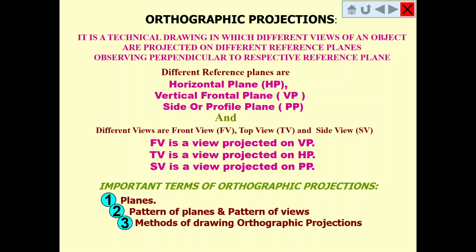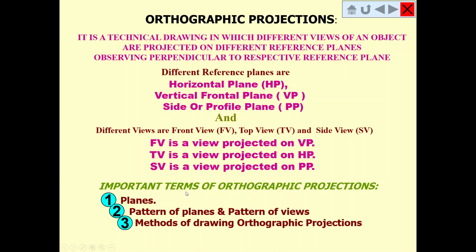All the benches are obviously on the floor, so the floor becomes the horizontal plane, and the side walls become the side profile planes. So in the classroom, your blackboard is present on this vertical wall, which we call the vertical plane. Your floor becomes the horizontal plane and the side wall becomes the profile plane.